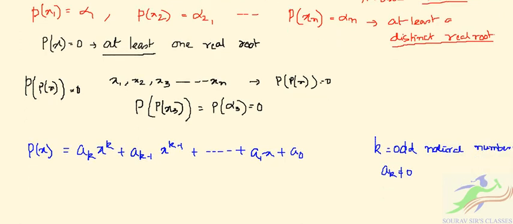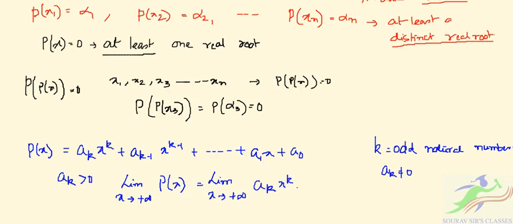So let's take the limit at positive and negative infinity of P(x), and without loss of generality we can assume that a_k is greater than 0. Limit x tends to plus infinity of P(x) is the limit of a_k x^k, which is a_k times the limit of x^k, equal to plus infinity.